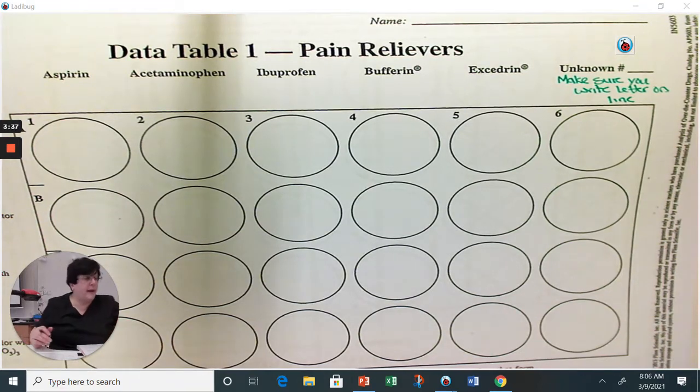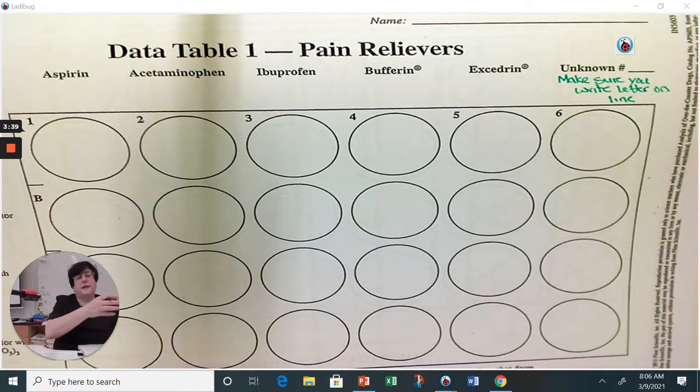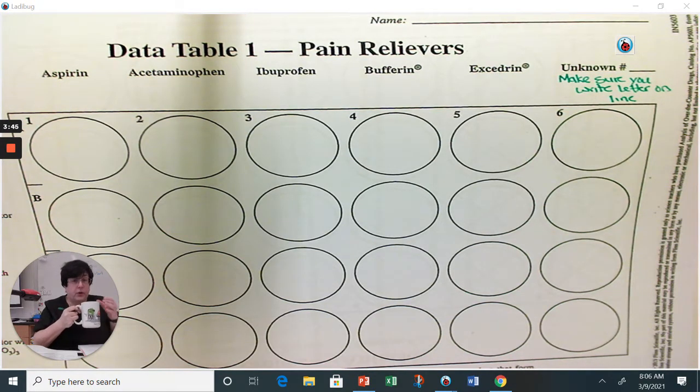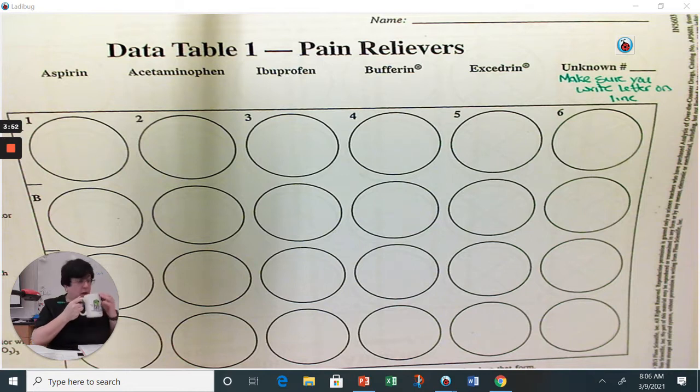This is one of the labs where you have to make proper identification of your unknown to get 100. All the rest will be like 90%. It'll be like 1 point of your lab or 2 points of your lab, depending on whether I do this out of 10 or 15 or 20. Usually this lab is done at least out of 15.